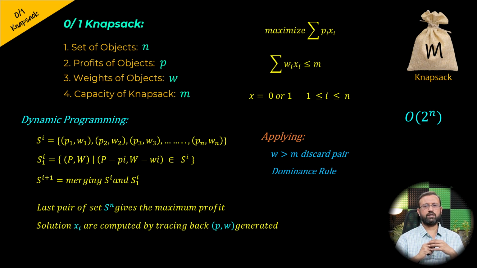But in practice, this problem can be solved in a reasonable amount of time because as the sets Si are computed, the pairs whose weights exceed the capacity M of the knapsack are purged, and pairs are also purged according to the dominance rule. Therefore, practically, this problem can be solved in O of n square time. So this is all about the 0-1 knapsack problem solved using the dynamic programming approach.